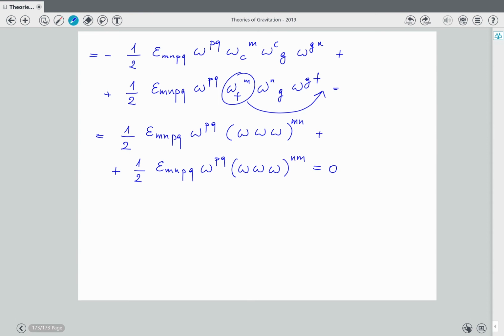Sorry, another thing. In the first line, you have omega Cm multiplied by omega C. So to write the multiplication properly, we should have omega MC maybe. So we should raise the index C and exchange M and C, so we have a minus sign. And then you have both pluses. So you have plus here.